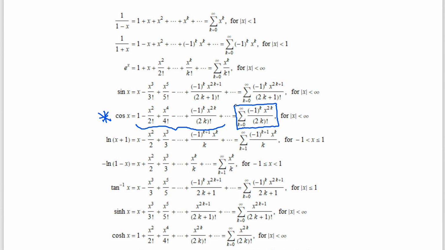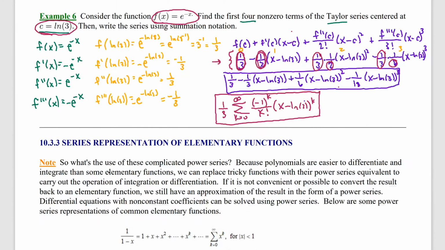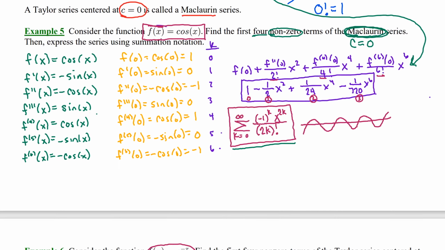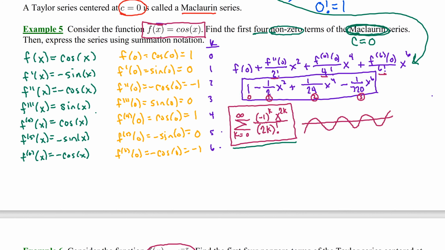Now, if that looks familiar, well, that's good because you generated that on your own, or at least together with me in example 5, right? We had an elementary function, cosine of x. We found the first 4 non-zero terms, and from that pattern, we were able to induce the general form for the Taylor series.